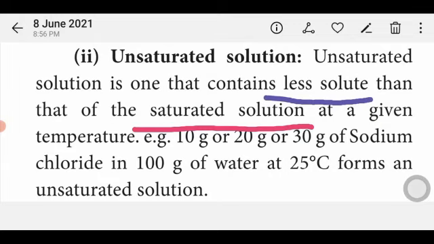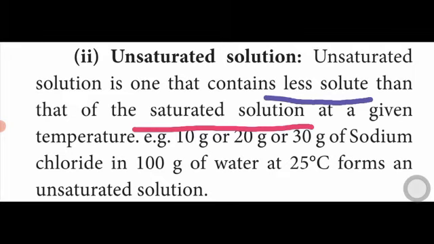Lesser amount of solute particles means 10 grams, 20 grams, or 30 grams of sodium chloride dissolved in 100 grams of water. Compared to that, a saturated solution is 36 grams of sodium chloride dissolved in 100 grams of water.